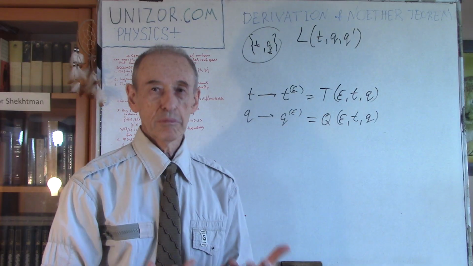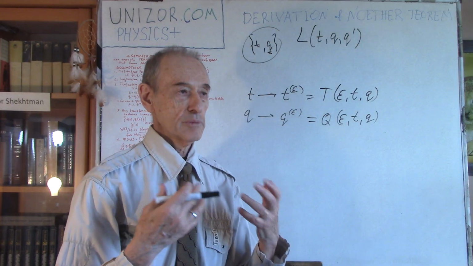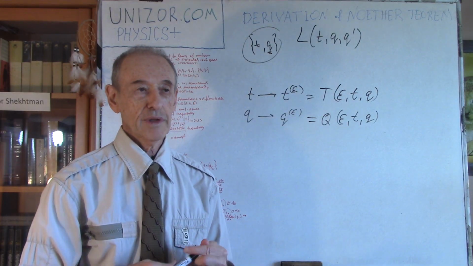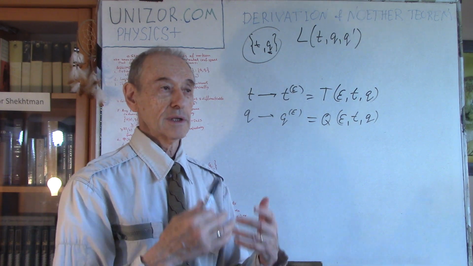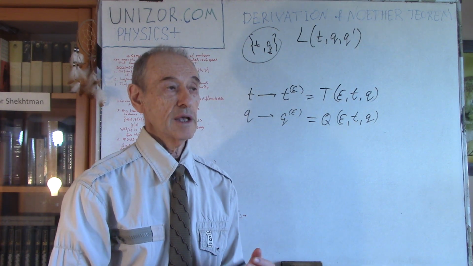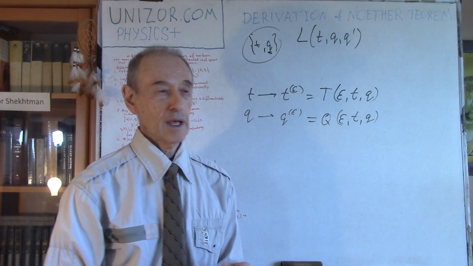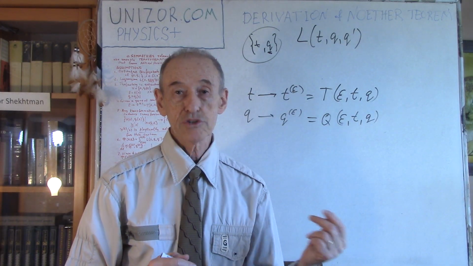Now, how do we model it mathematically? Well, the laws of nature are, in classical physics, in Lagrangian mechanics, represented by action functional.